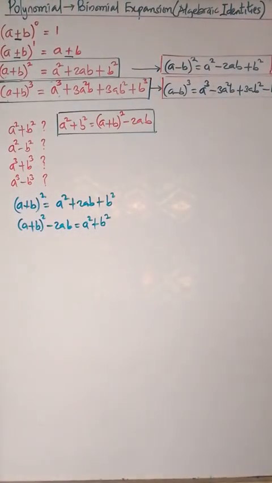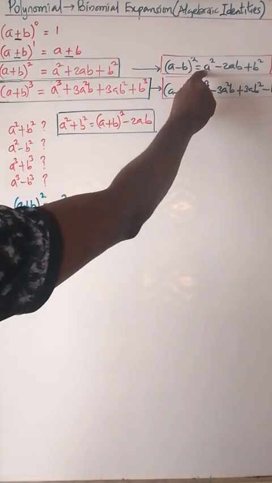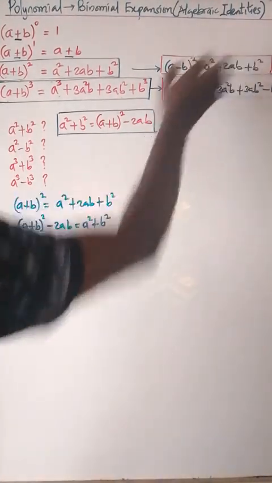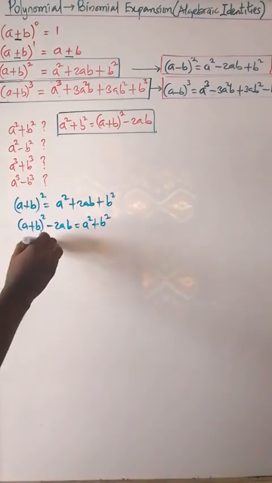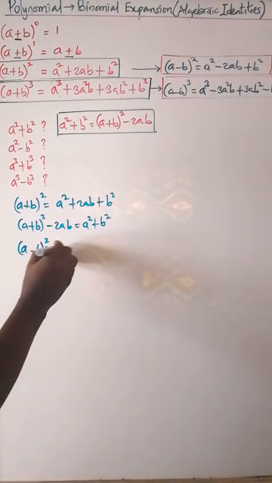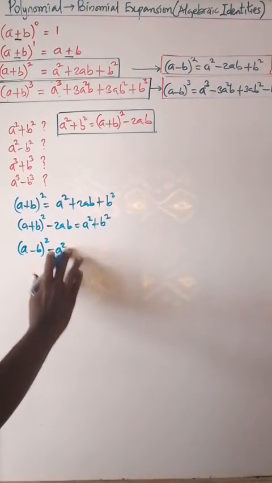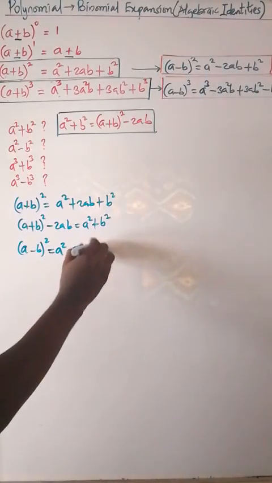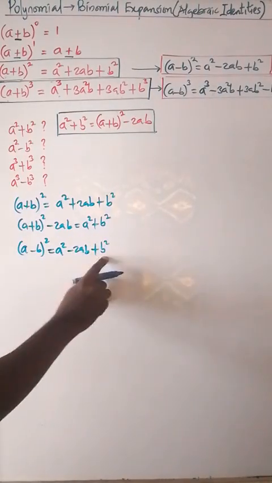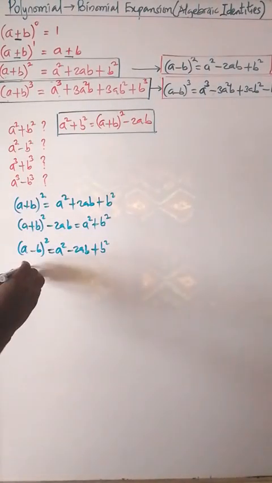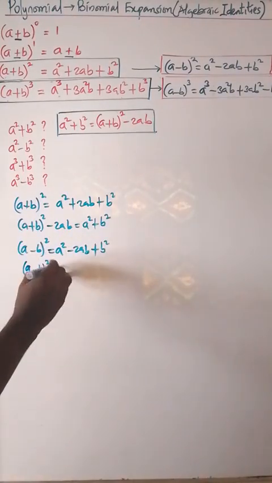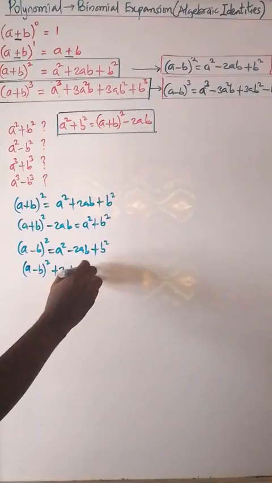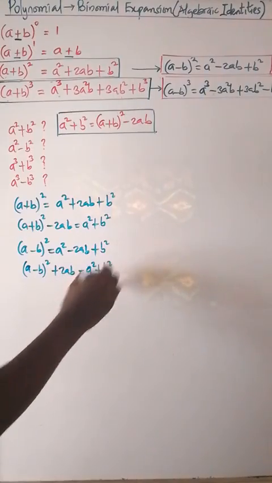But we can also do the same thing for this, because we have a squared plus b squared. This is the second one. In the second one, we have (a - b) all squared equals a squared minus 2ab plus b squared. We want to retain these two, so this minus 2ab we bring to this side. So we have (a - b) all squared, and when this minus crosses, it becomes plus 2ab equals a squared plus b squared.